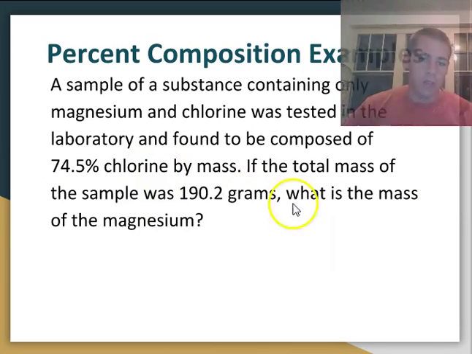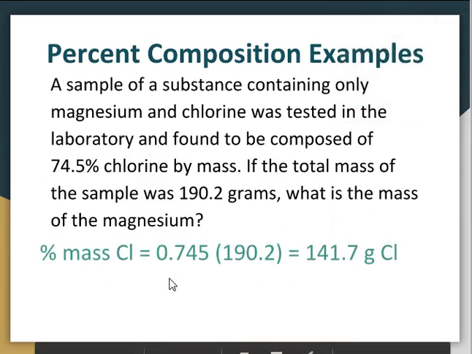So there's a couple different ways we can do this. We can take the percentage of the chlorine and turn it into a decimal, 0.745. If 74% of the 190 is chlorine, then that means the mass of the chlorine is 141.7 grams.